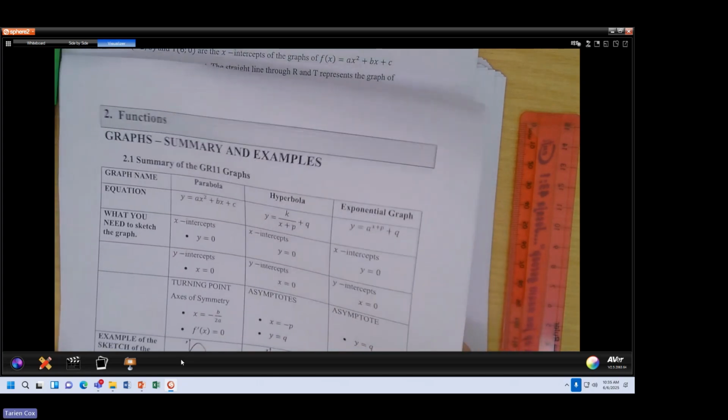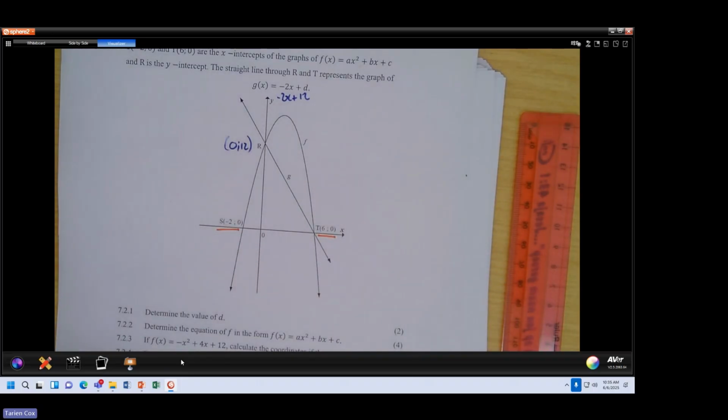And the reason why I'm pointing that out is, remember when we did our work in the beginning, we said that there are different formats for the parabola, and it's on our PowerPoint. We have the y-intercept form, the x-intercept form, the turning point form, as well as the standard form.